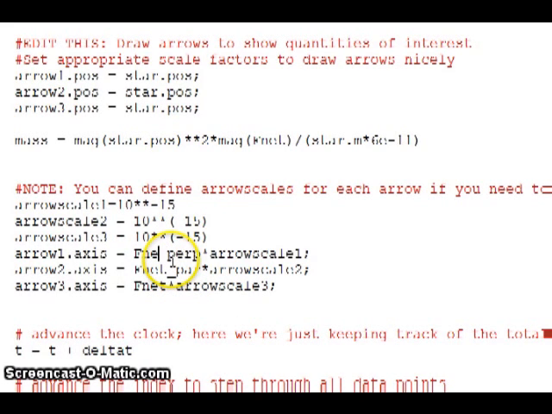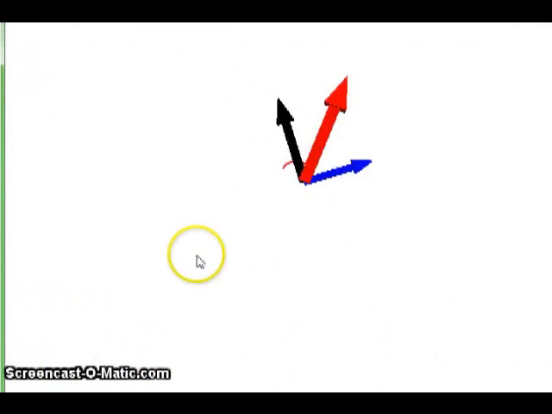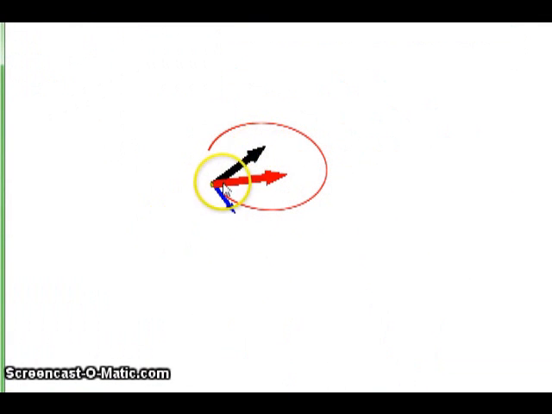Now I'm going to show you what happens when you change net force to change in momentum over time, according to the momentum principle. So we're going to look at the perpendicular change in momentum over time, the parallel change in momentum over time, and the net change in momentum over time. So when I run my code, we can look at the arrows, and they look exactly the same as before.